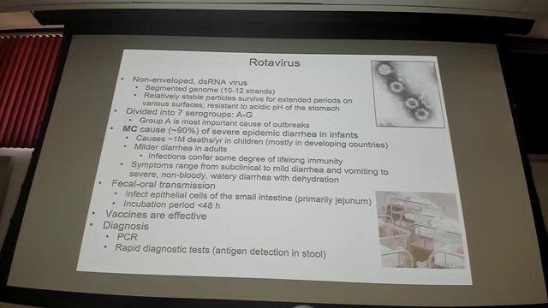Also, we have a lot of immunoassays and rapid diagnostic tests for rotavirus. When somebody is shedding rotavirus in their stool, they're shedding huge amounts, like 10 billion or 100 billion viruses per gram of stool, so there's no problem picking that up on a rapid diagnostic test.